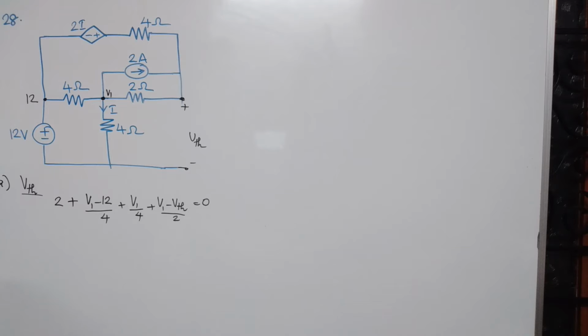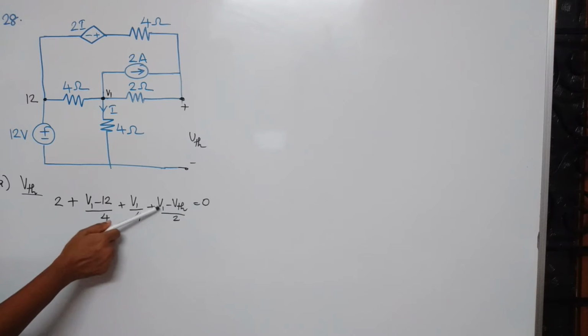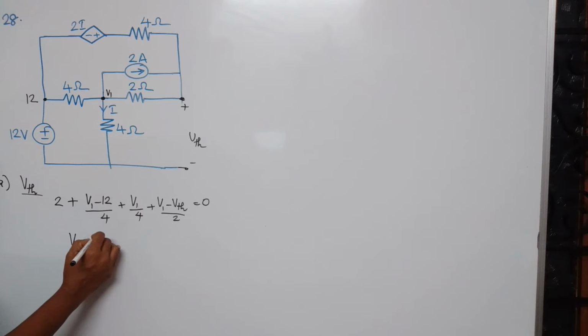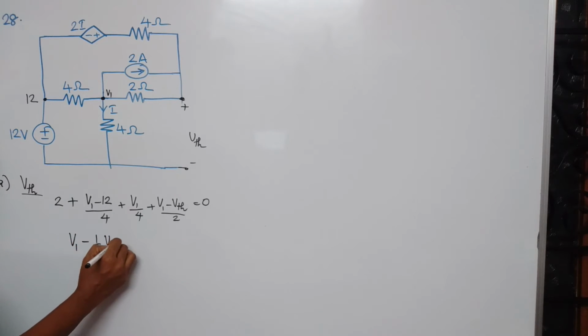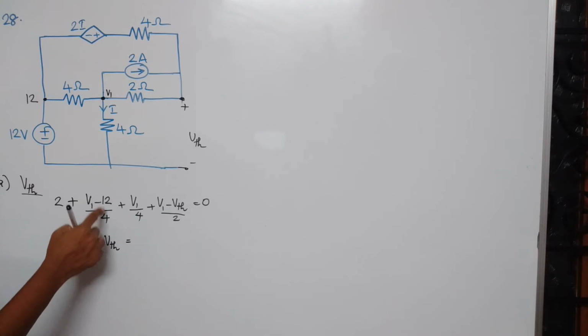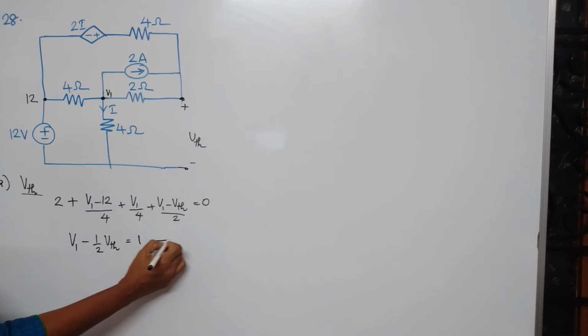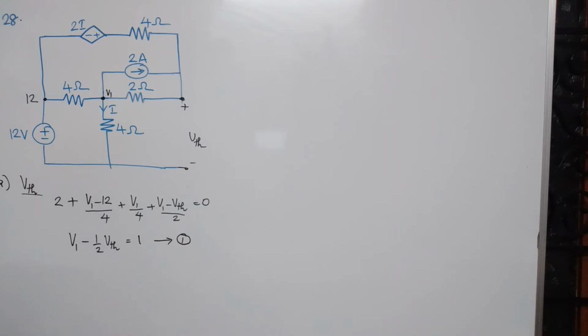That is with respect to node 1. So V1 by 4, V1 by 4 and V1 by 2 will be V1, minus 1 by 2 VTH is equal to 3 minus 2, that is 1. This is equation number 1, with respect to the node V1.